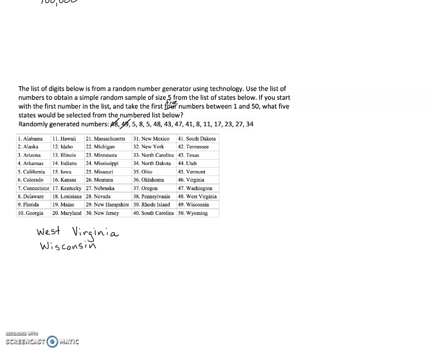The third number is 5. That's California. The next number is number 8, so that's Delaware.